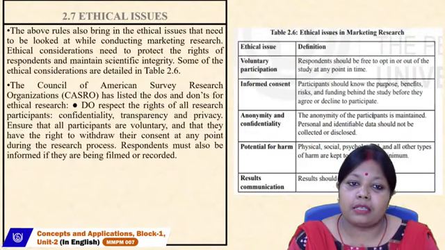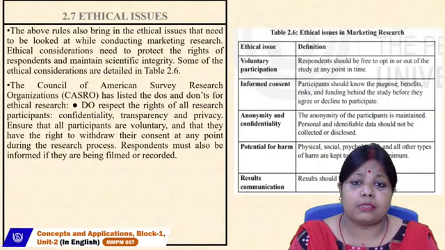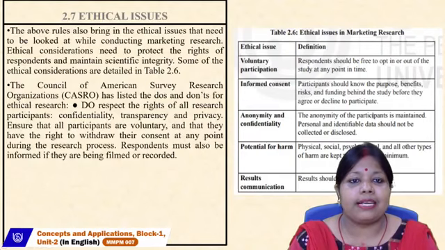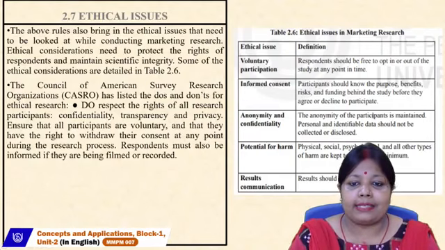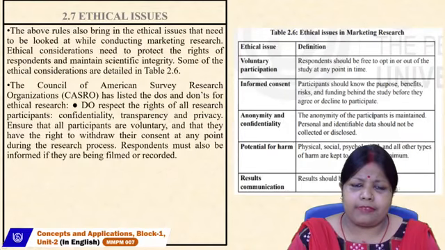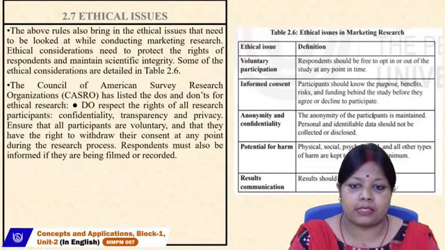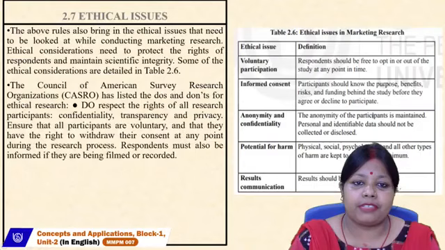Suppose something is very confidential, like the government of India conducting a survey to know how many patients there are or what is the status of HIV/AIDS patients in India. So it is a kind of research. In that case, it is very difficult, first of all, to identify or to catch the person who is suffering from HIV/AIDS, which is very confidential.